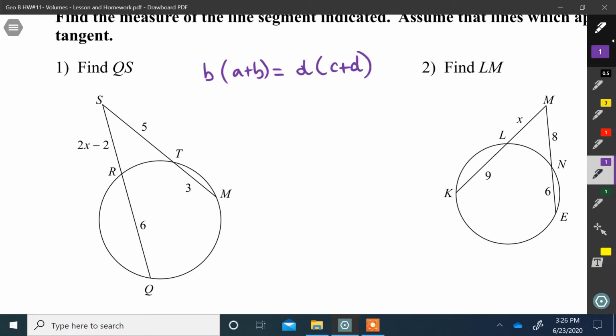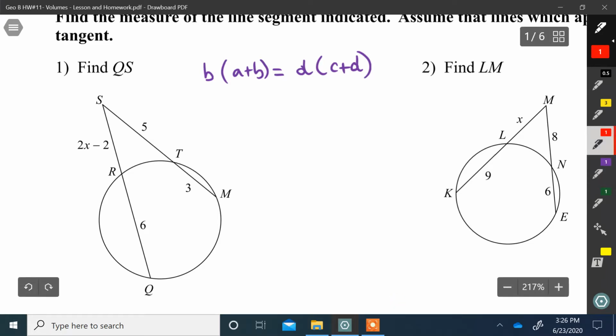And then I always like to look at the picture on the formula sheet to identify what's A, what's B, what's C, and what's D. So I'm going to say that this is A, this is B, this is C, and this is D. B in this case is going to be 2x minus 2, and then we have A, which is 6, plus 2x minus 2.